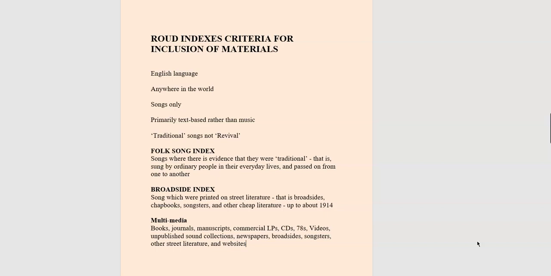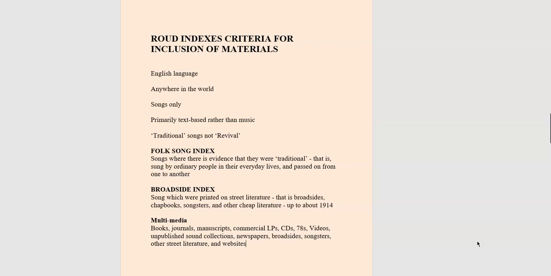Now, more controversially, I include traditional songs and not revival songs. Anyone who's been around in the folk scene for a while will know what I mean by that, even if they disagree with where the line should be drawn, or if any line should be drawn. But to me, the traditional songs are the ones from, in effect, before the Second World War, and some things after the Second World War.